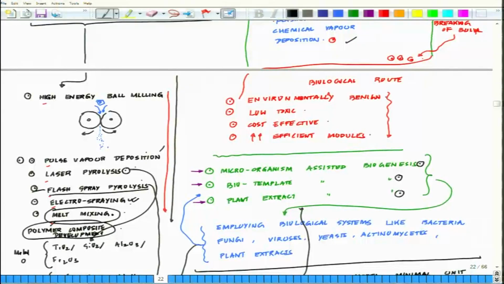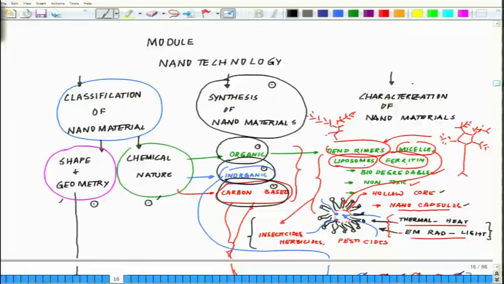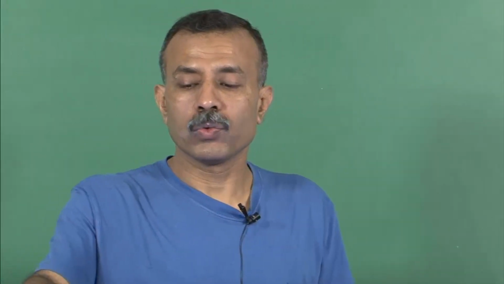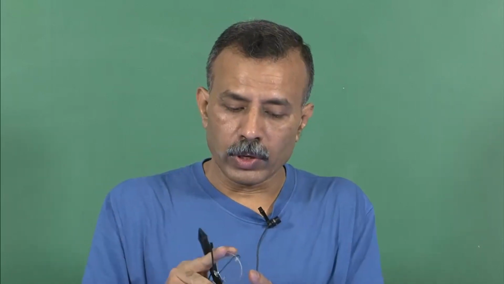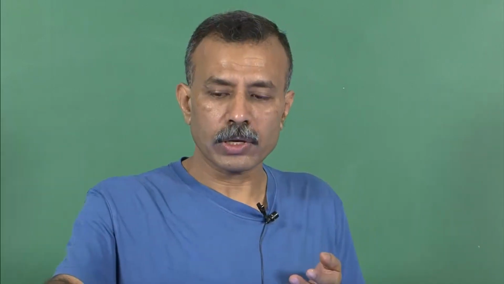So, in this segment, now we are left with the characterization of nanomaterials, in the module of nanotechnology. This is where we will be concluding once we talk about the characterization.